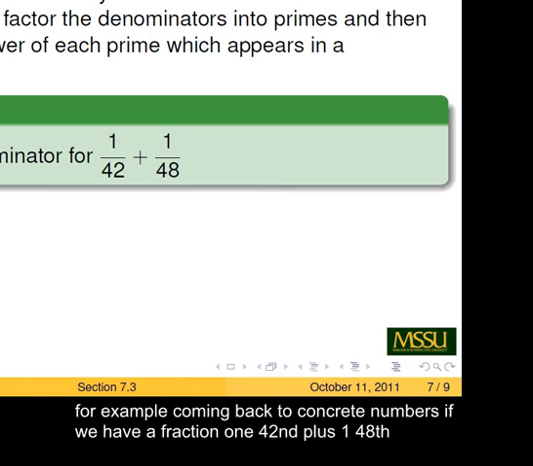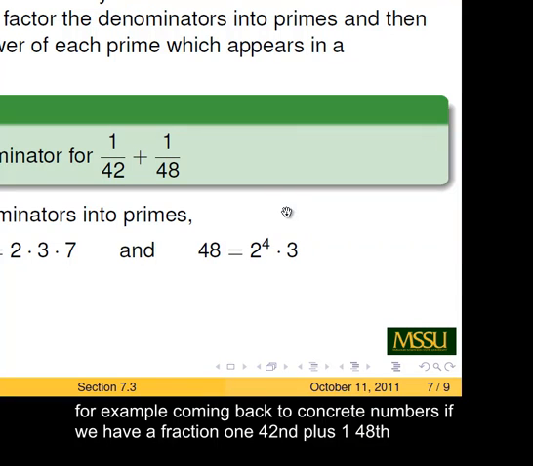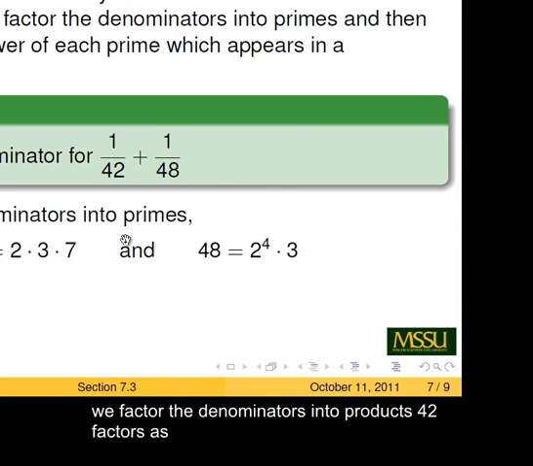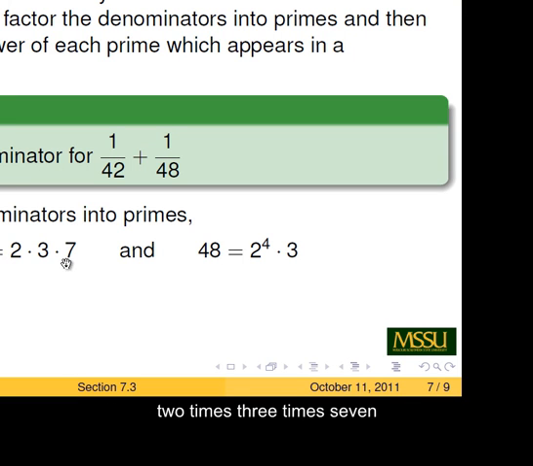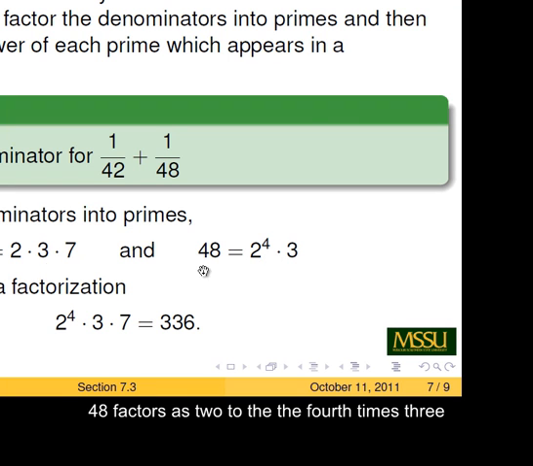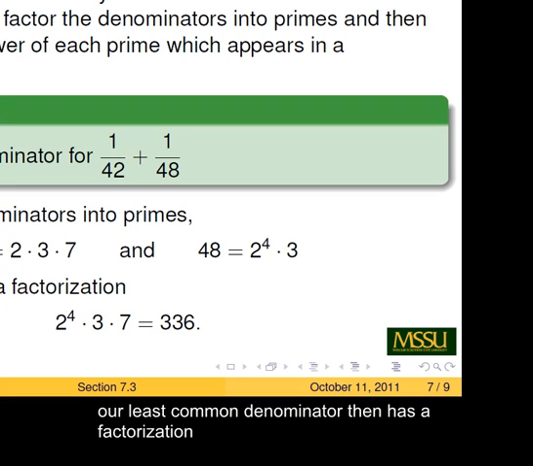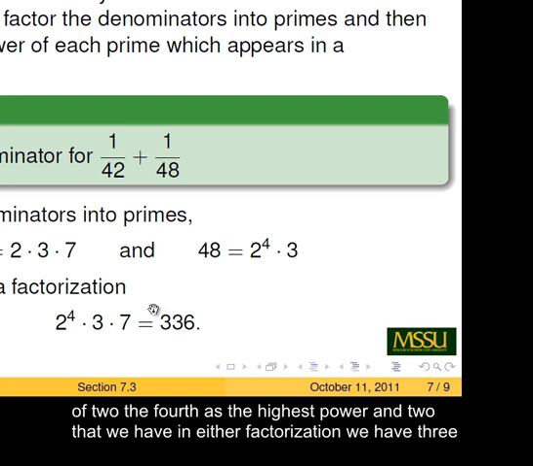For example, coming back to concrete numbers, if we have the fraction 1/42 plus 1/48, we factor the denominators into primes. 42 factors as 2 times 3 times 7. 48 will factor as 2 to the 4th times 3. Our least common denominator then has a factorization of 2 to the 4th, that's the highest power on the 2 that we have in either factorization.